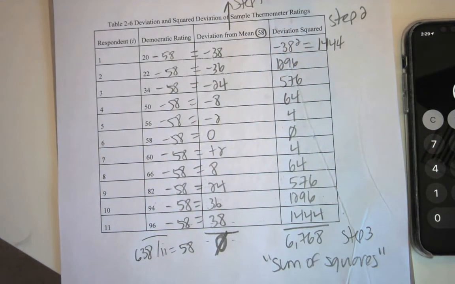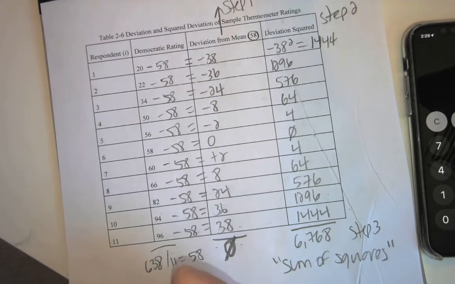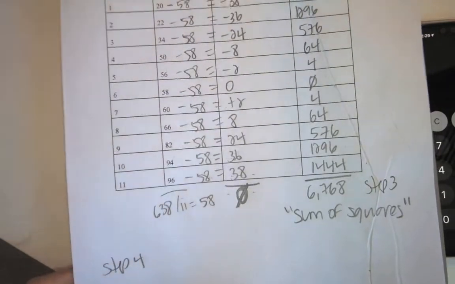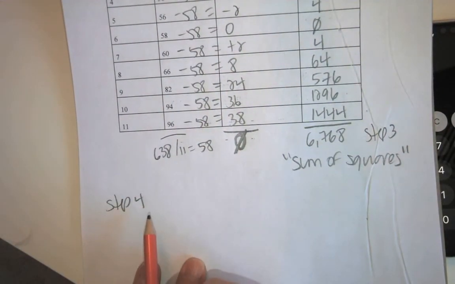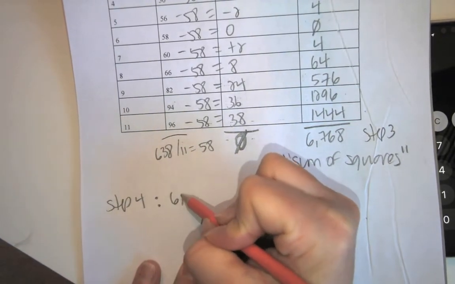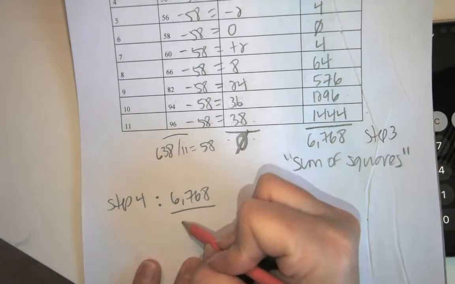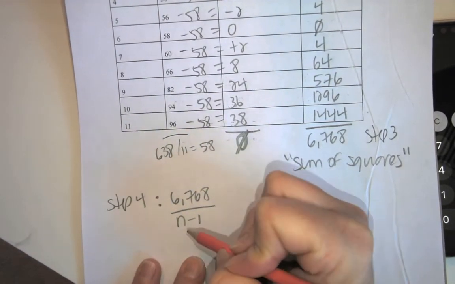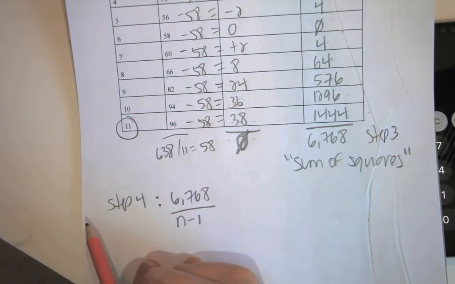So once we have the sum of squares, we now divide the sum of the squared deviations. So step 4, you divide the sum of squared deviations, 6,768, over n minus 1. In this case, the n is the number of respondents.